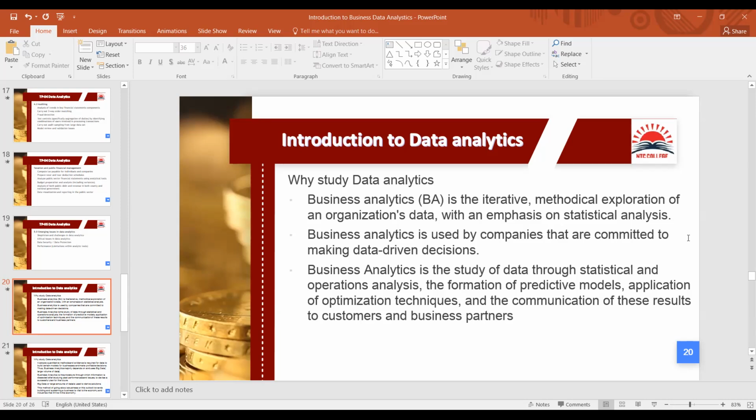Sometimes you make decisions, but you don't have the backing, whether the decision that you are making is data driven, or it's just a decision that you are deciding to make. But if you make it from a data-driven point of view, then it means that you'll not go wrong.